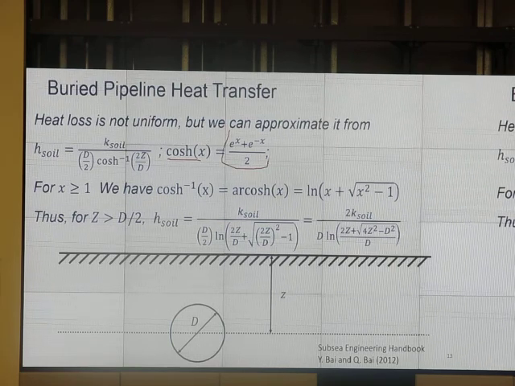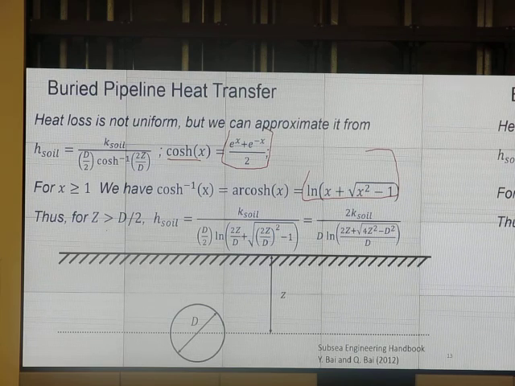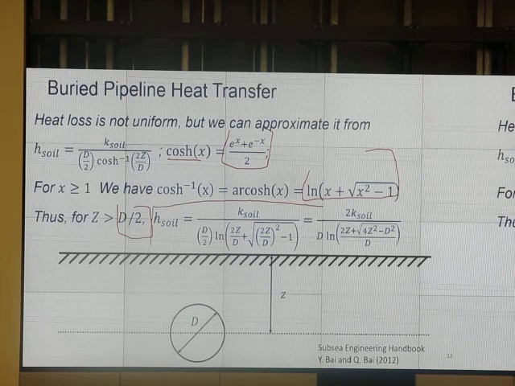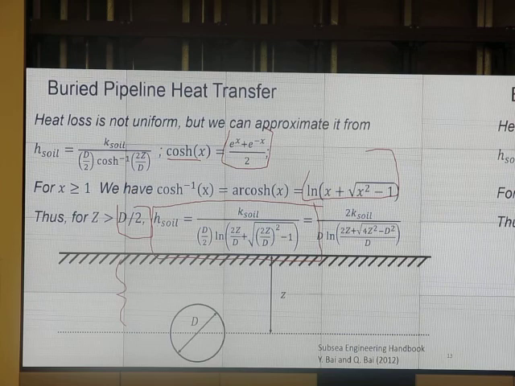Or you can do this part. For f greater than 1, we can estimate it like this. If we bury it more than half diameter, we can use this formula to calculate H soil. Okay, that's the formula to calculate H soil. So it depends on how deep we bury the pipe. If we bury the pipe a lot, heat transfer is less and less. So it is equivalent to insulating it well.